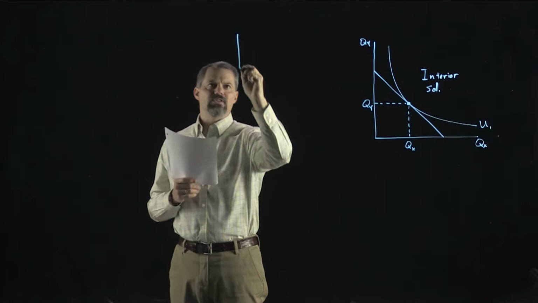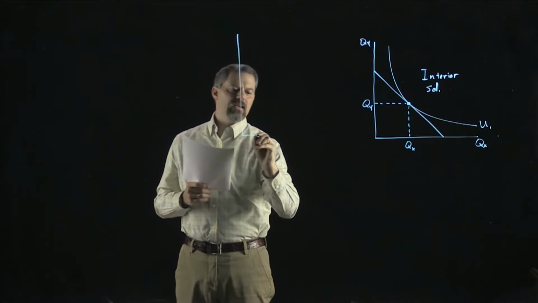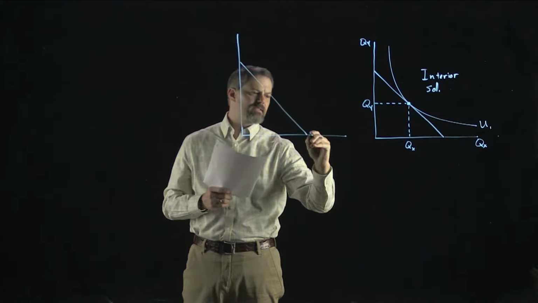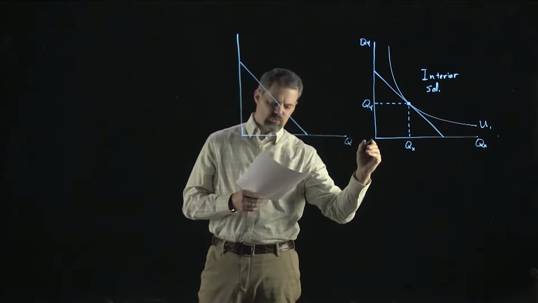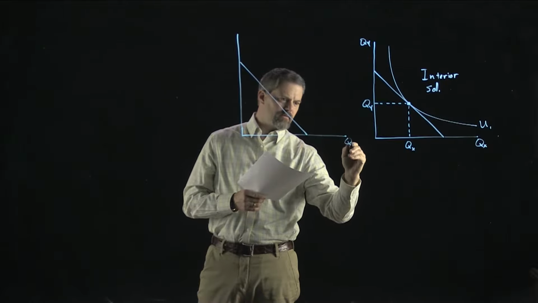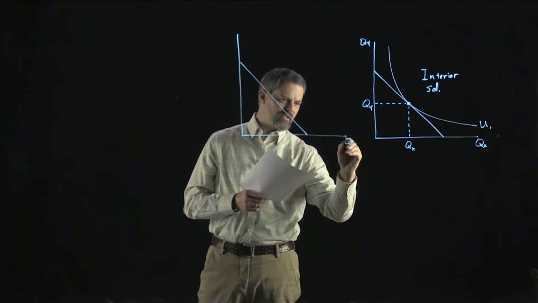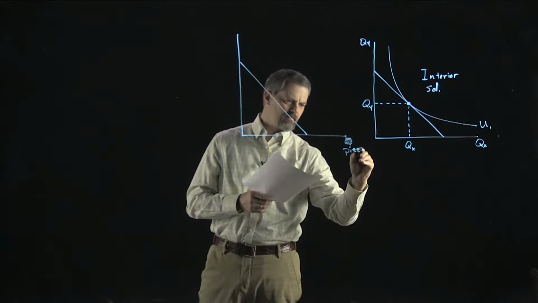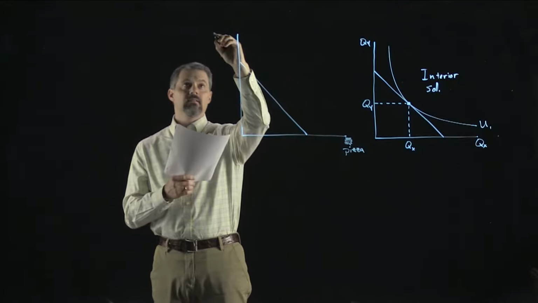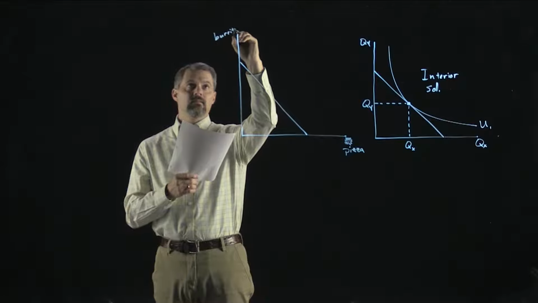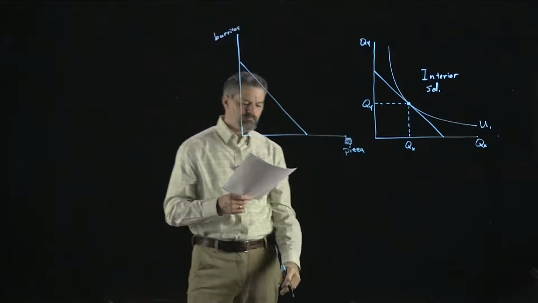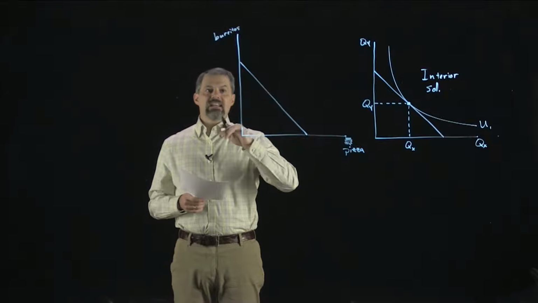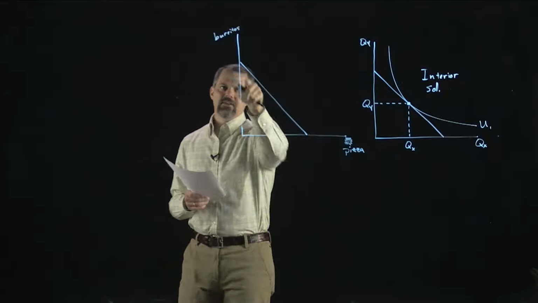Let's suppose that we start with a budget constraint that looks something like this. Here's Q. In my notes here I've used pizza and burritos for some reason. Let's go with that. So the consumer can afford any bundle on this budget constraint.